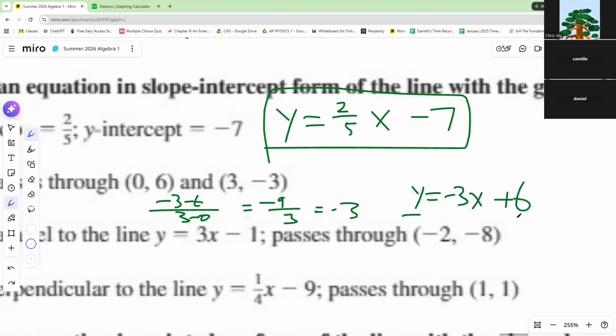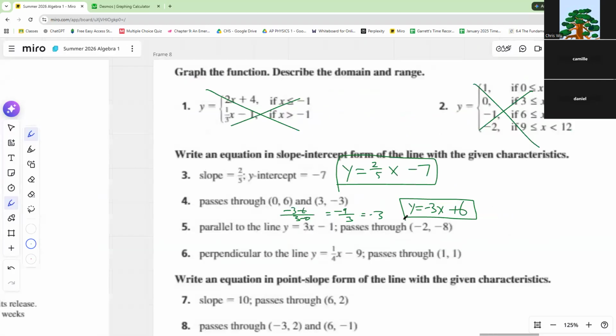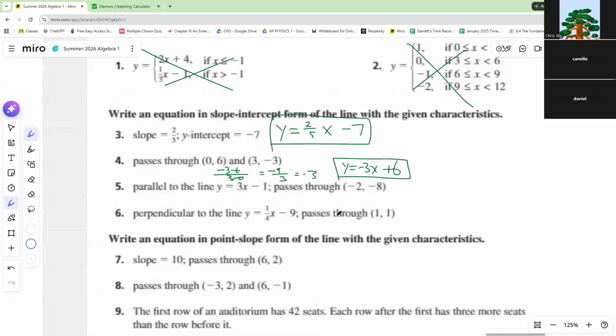So that should be the answer for the second one. 5 and 6 are similar to the ones we just did today, so that should be fresh in our mind.